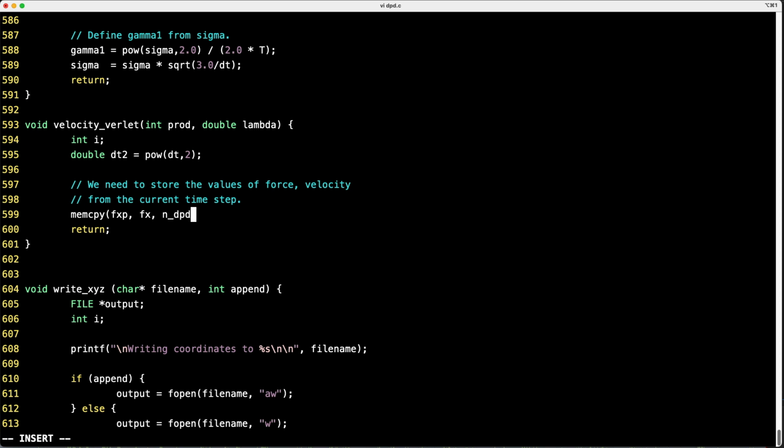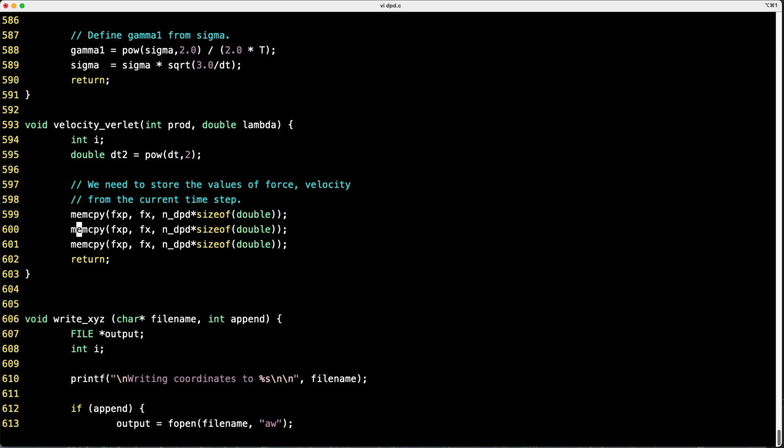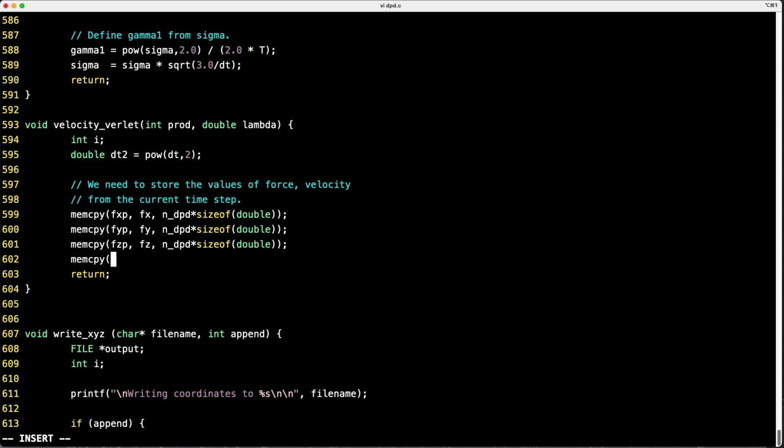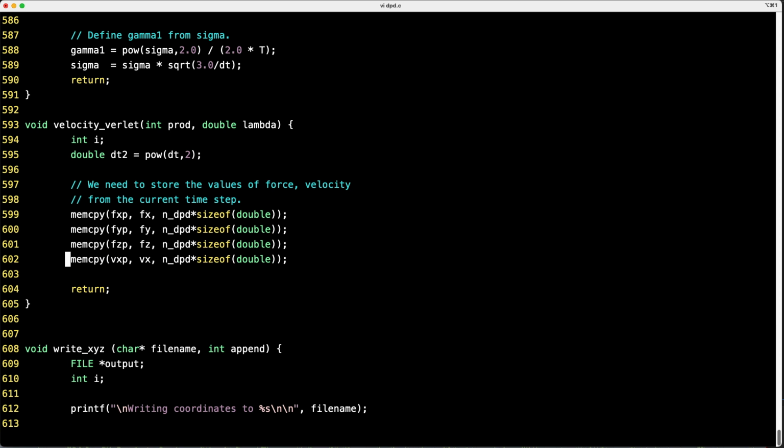And the number of values, we've got n DPD particles, and they are double precision. And so let's just do the y and the z arrays. And we also need to do this with the velocities. So we need to copy to vxp the current value of the velocity in the x direction, like that.